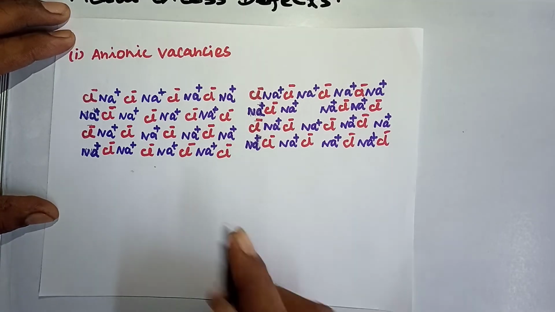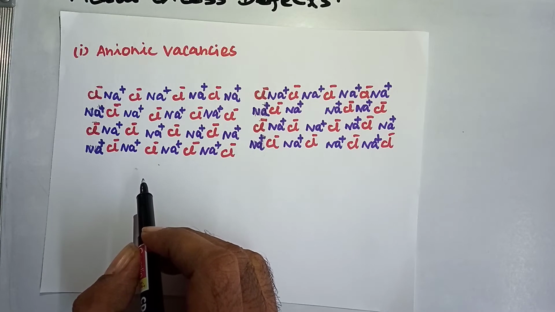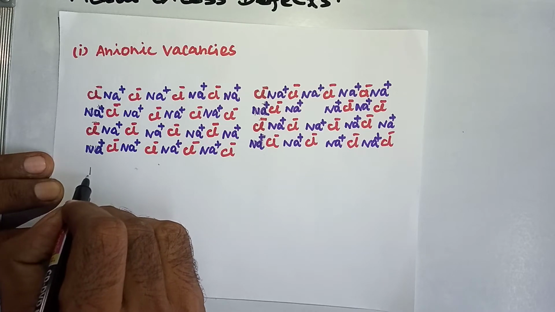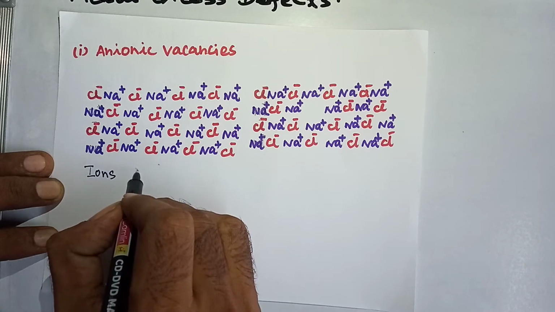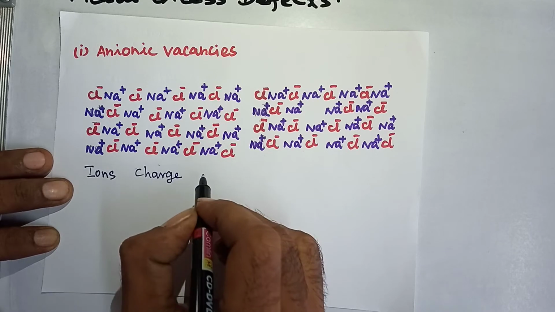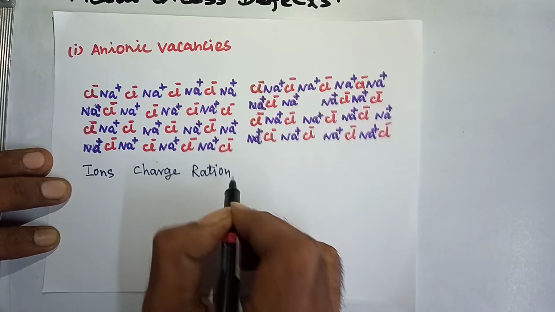Let us calculate the number of ions, their charge, and the ratio of cation to anion.